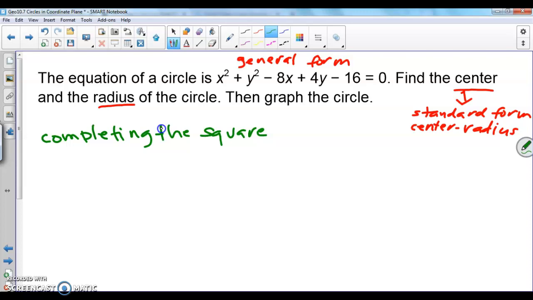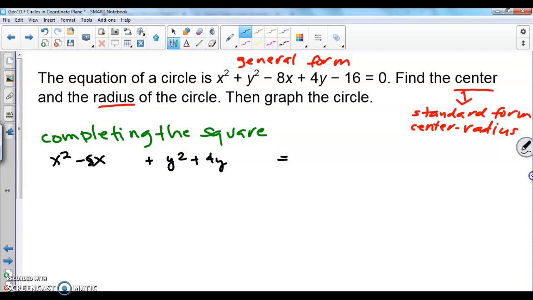Okay, so what is completing the square? First, let's copy the original equation. As you copy it, let's try to rearrange them such that those that have the same variables are together. I'm going to leave a little bit of space over here. So plus y squared plus 4y. And then I'm going to separate the constant.